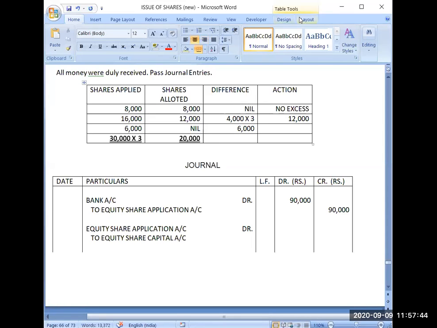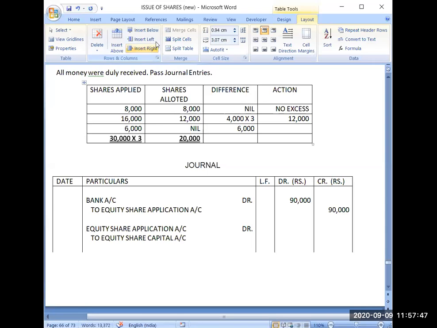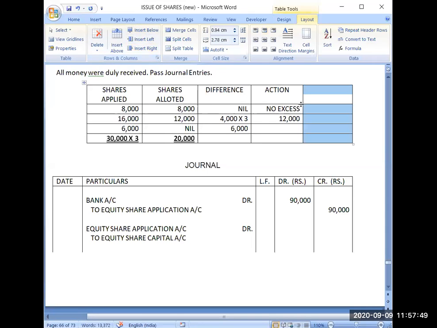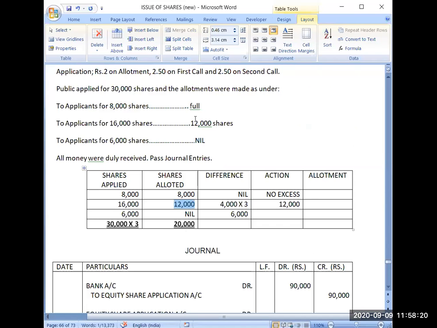Now, on allotment, how much money I need from them? On allotment, please look very carefully on the screen and listen carefully. How much money I need on allotment from this category? 12,000 multiplied by allotment money.